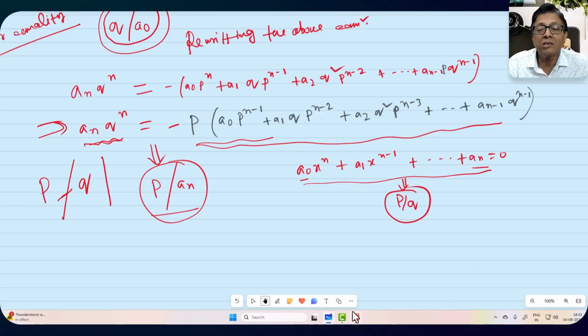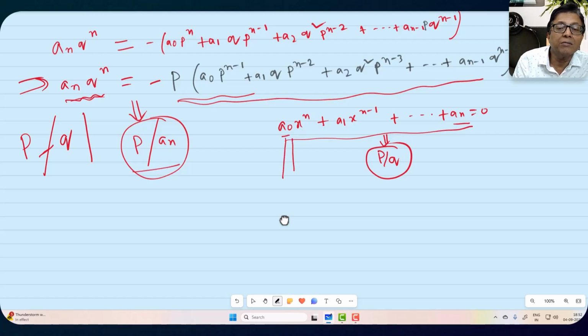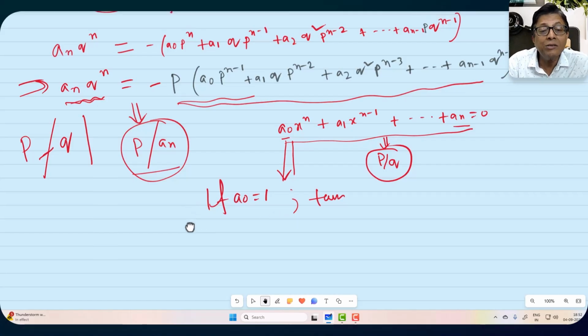Now you just assume that you have expressed the equation where A0 is not there. If even initially A0 is there, you make it 1 just by dividing by A0 on both sides. So I am just writing here, if A0 equal to 1, then what have you seen?